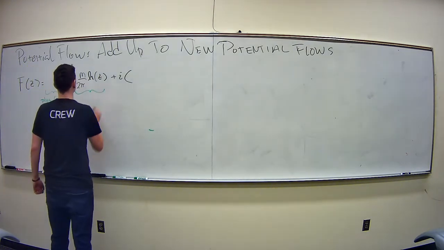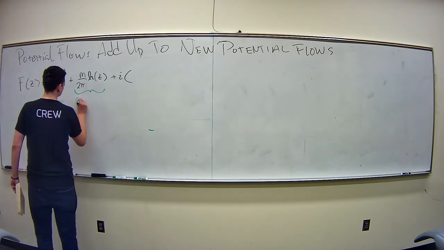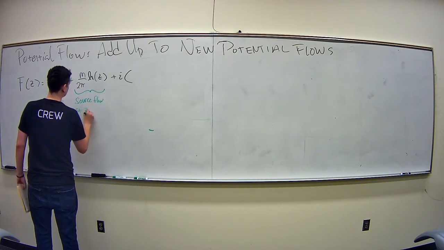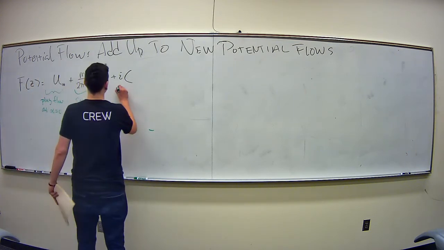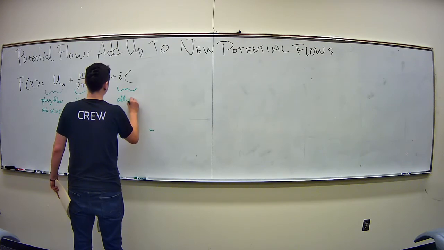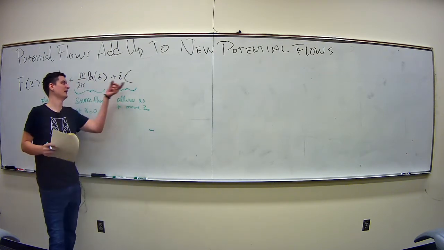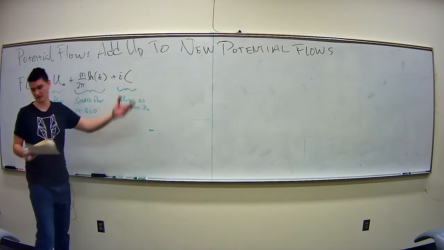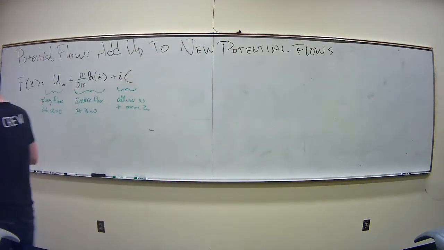What's this? Source or sink? It's going to be a source. It's a source flow at z equals 0, being ideal. This accompanies the idea that there was a z naught in there. You break it off, you have this i of c, and then you are allowed to move the z naught wherever you want it to be in this flow we're going to talk about.